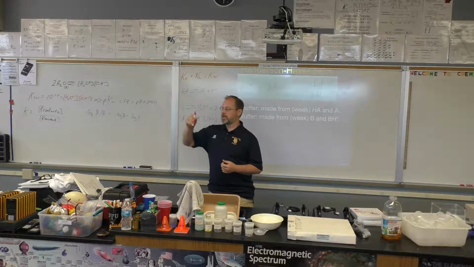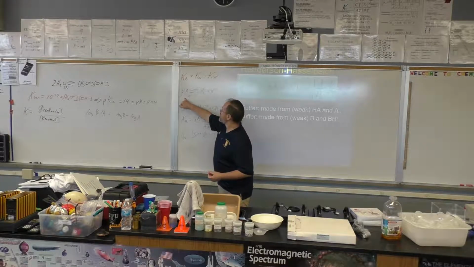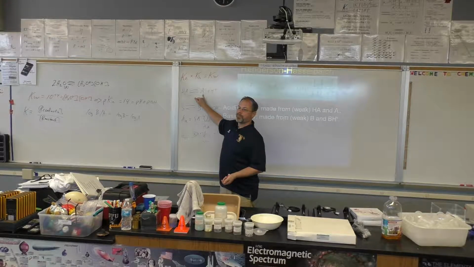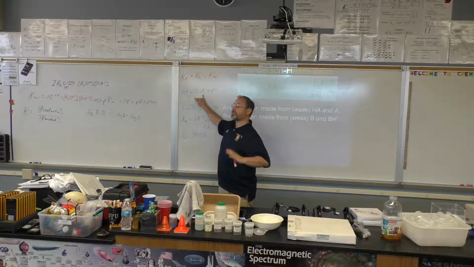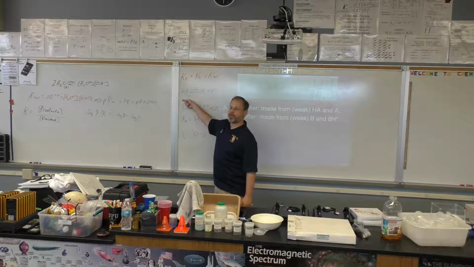A conjugate base is an acid that has lost its proton. So HA is the acid, it's got its proton. A minus is the conjugate base. It is the species that has lost its proton. And the reason it acts like a base is because it can gain its proton and form the acid again, because this is an equilibrium.